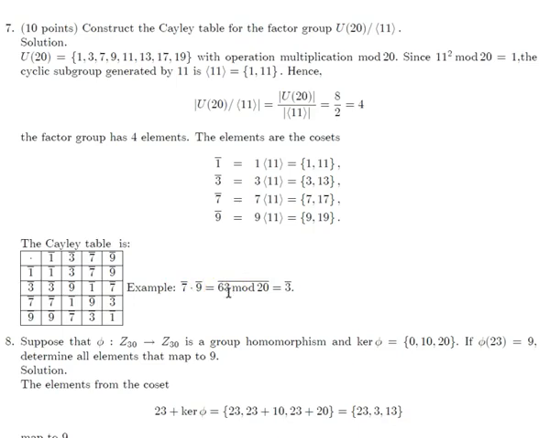It must be taken mod 20 because in this group the multiplication is defined like that. And then we take the coset that contains that number. 63 mod 20 is 3, and 3 bar is the result. So 7 bar times 9 bar is 3 bar.